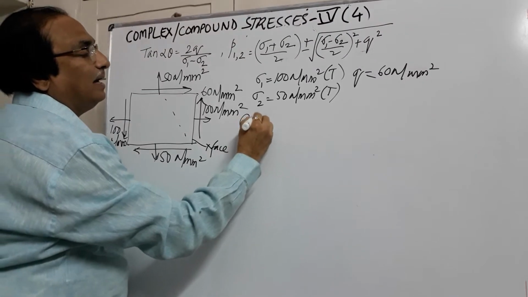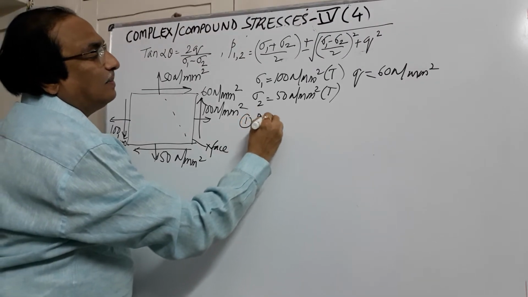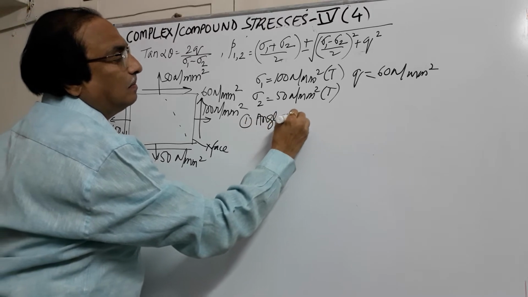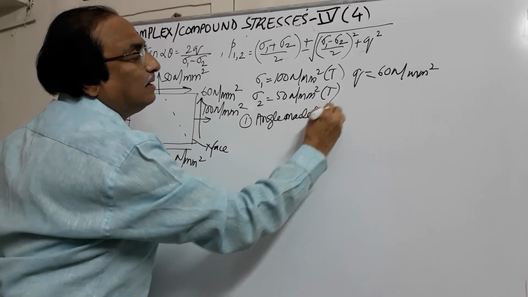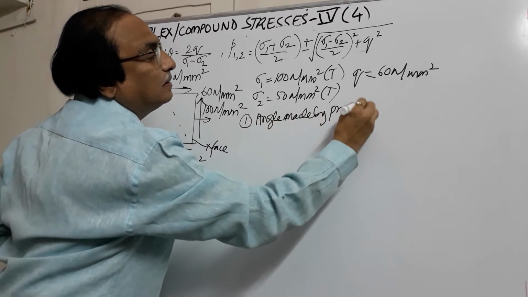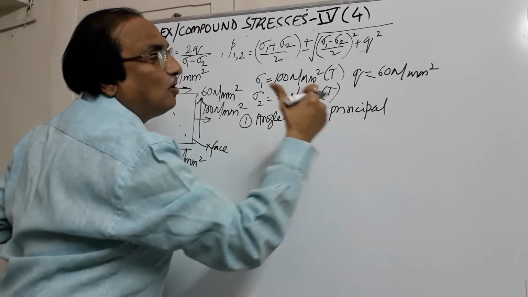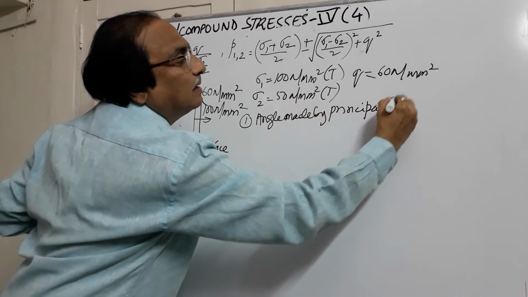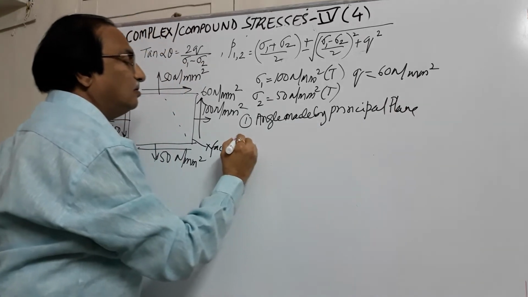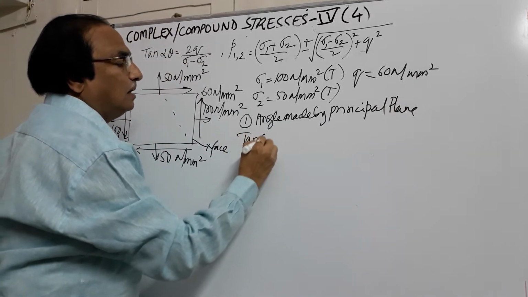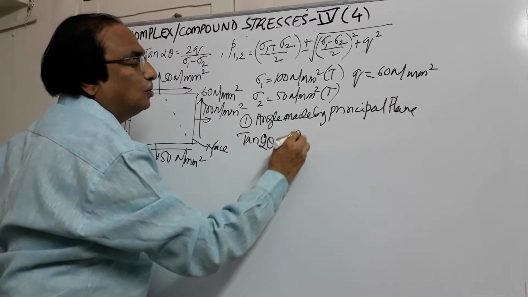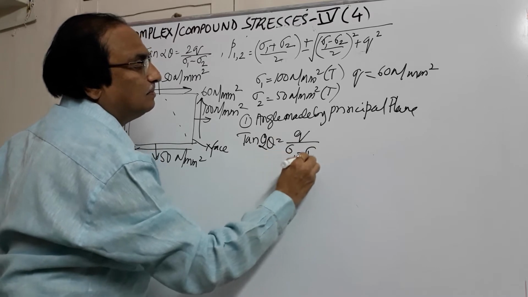Now we will first find the angle made by the principal plane, and this is given by tan 2 theta is equal to q divided by sigma 1 minus sigma 2.